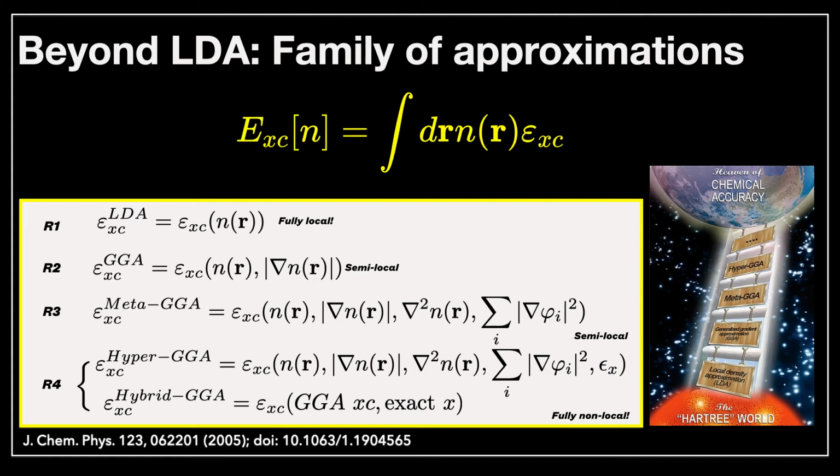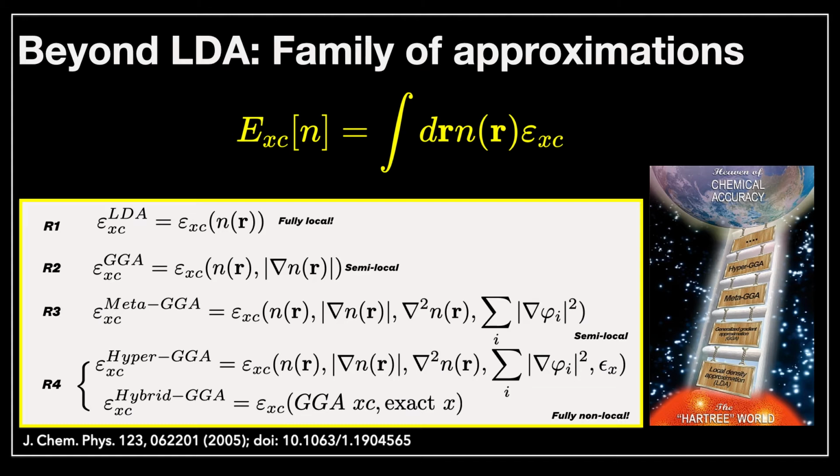The rung number 3 is meta-GGA. Meta-GGA starts to involve a higher order derivative, but also the kinetic energy, which is embodied by this sum over the square of the gradient of the Kohn-Sham orbitals. Then you can go beyond that, to hyper-GGA, which includes all those things I described before, but also an exact exchange.